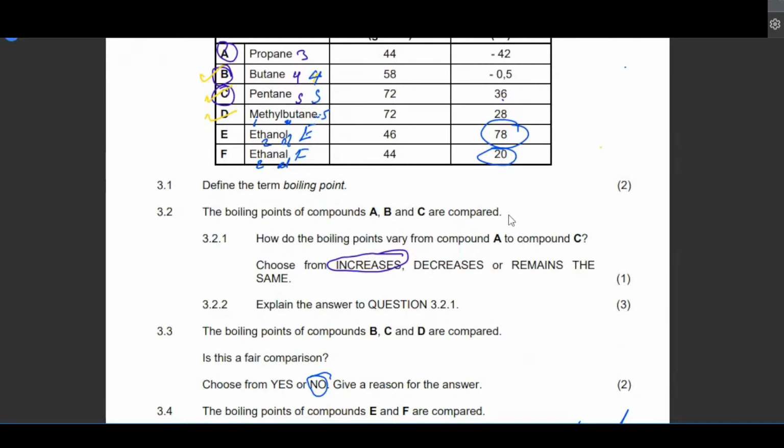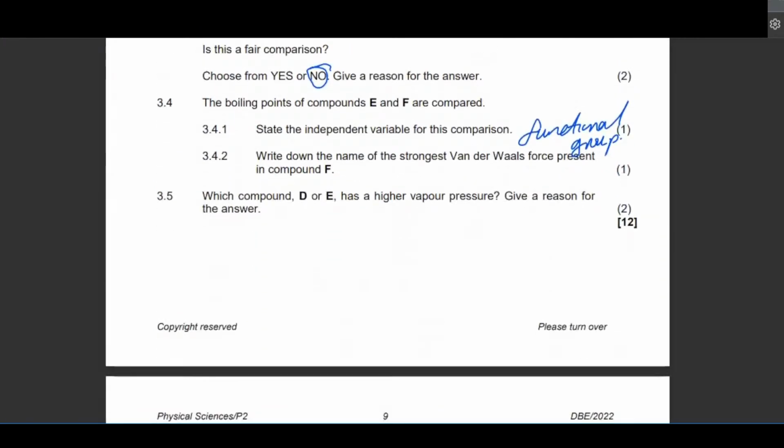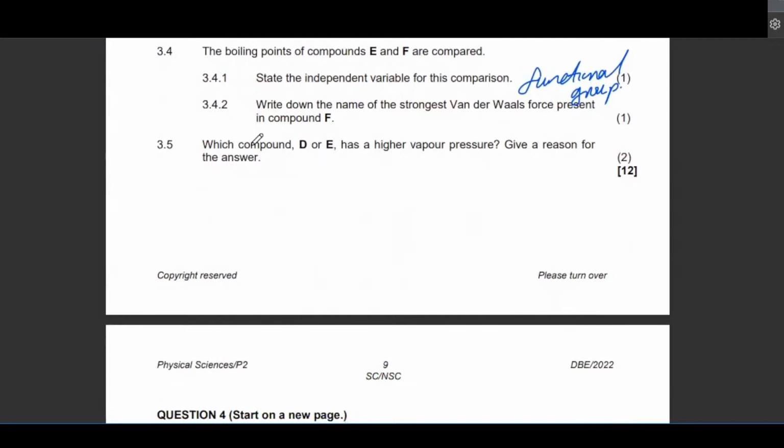Because it has hydrogen bonds, it requires more heat to break them, while ethanal has no hydrogen bonds. Therefore, it only has what we call dipole forces. Yes, it has dipole forces. So that's the force which makes it the strongest force in it.